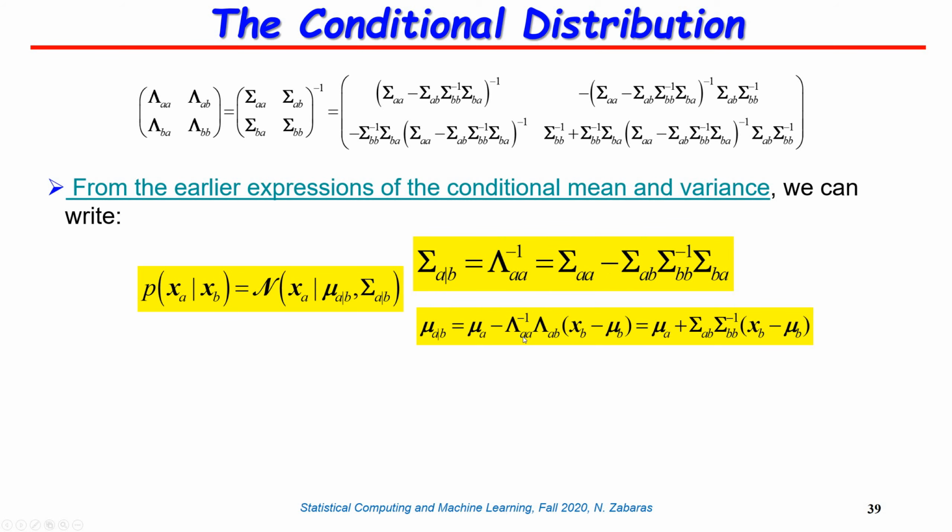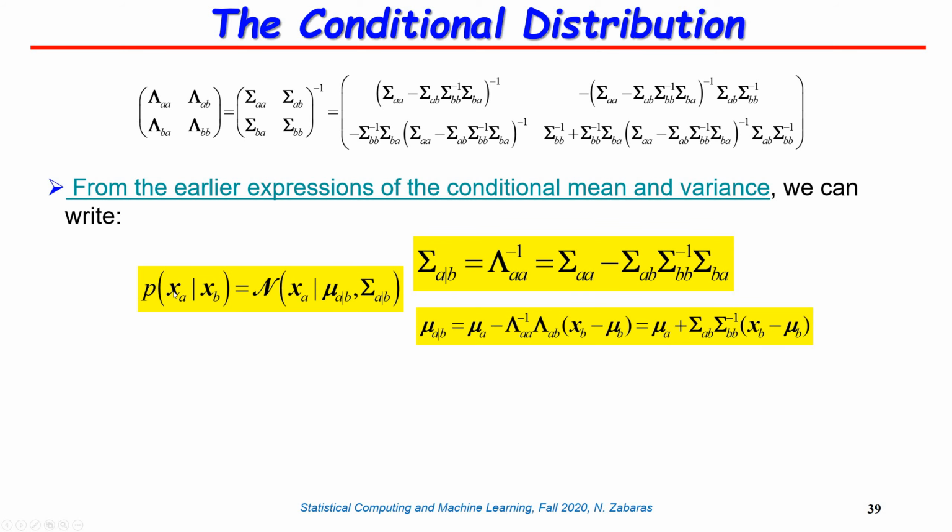And then here you can see I have lambda AA inverse times lambda AB. So lambda AA inverse is this matrix, sigma AA and this parenthesis basically, and lambda AB is this. So actually this matrix and this inverse will cancel, and you also get a minus sign.